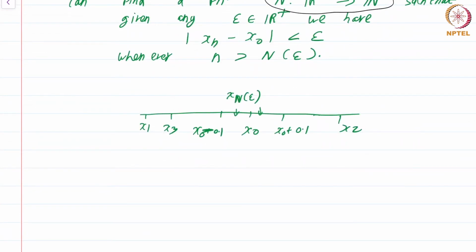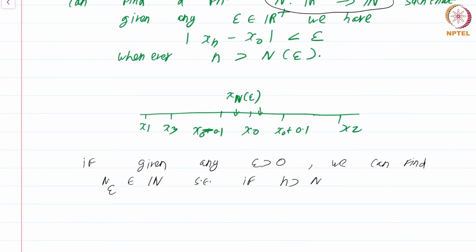We say that xn converges to x0 if given any epsilon greater than 0, we can find N epsilon in the natural numbers such that if n greater than N epsilon, then mod xn minus x0 is less than epsilon. The standard textbook definition just states that given any epsilon, we can find an N epsilon such that if n is greater than N epsilon, then mod xn minus x0 is less than epsilon.